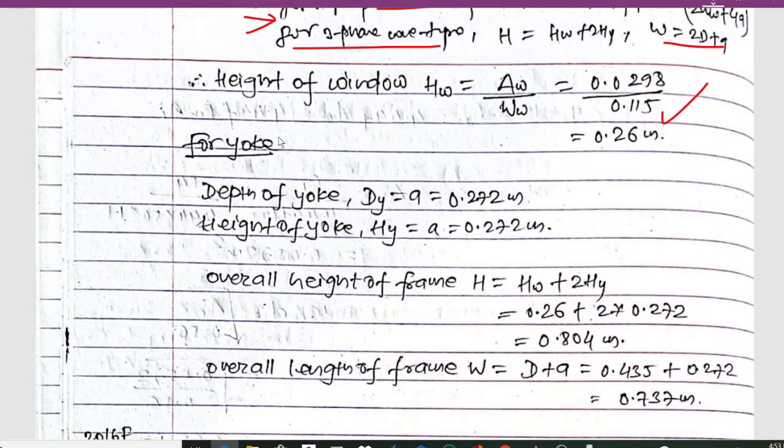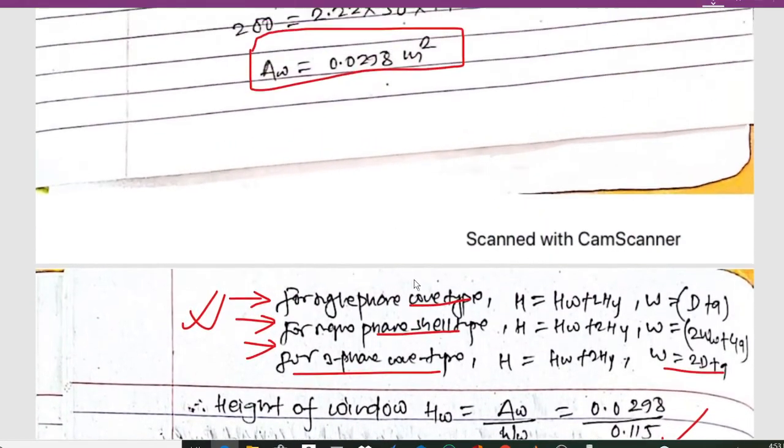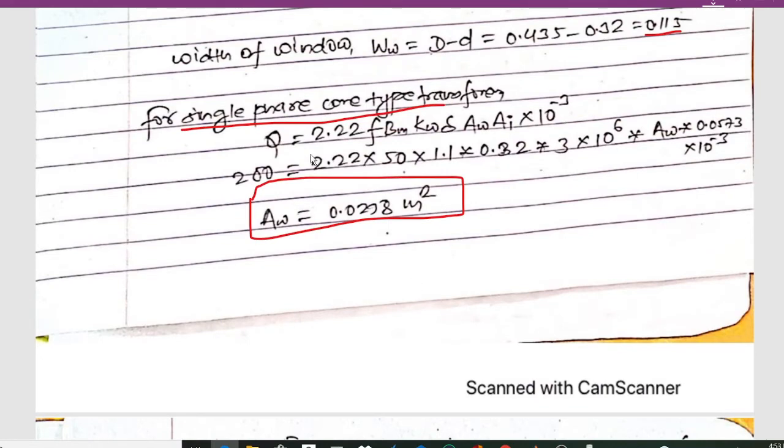So for the yoke, the depth of yoke Dy will be directly the value of small a, and similarly the height of yoke Sy will be directly the value of small a. Now the overall dimensions of the frame: this is the case for single phase core type transformers.